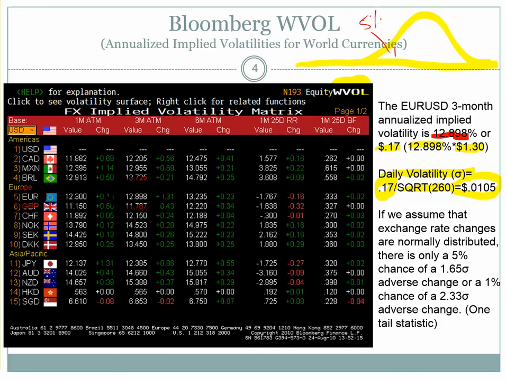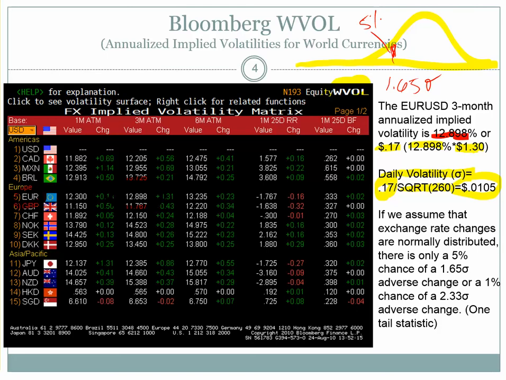In that case, if you were looking at a textbook on statistics and a normal distribution table, you'd see that a 1.65 standard deviation change away from a mean would only have a 5% likelihood of happening, and that would be a one-tailed test.